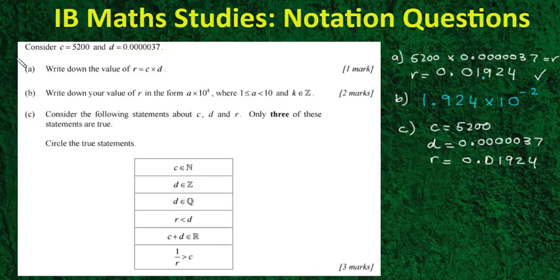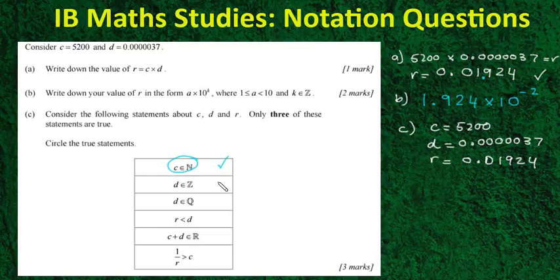All right. So again, this brings back our previous question about what N, Z, Q, and R are equal to. So here it's saying that C, 5200, is a natural number. Well, that is correct. It is a counting number. So I'm going to count that one there. It says only 3 of these are true. So we got the first one.